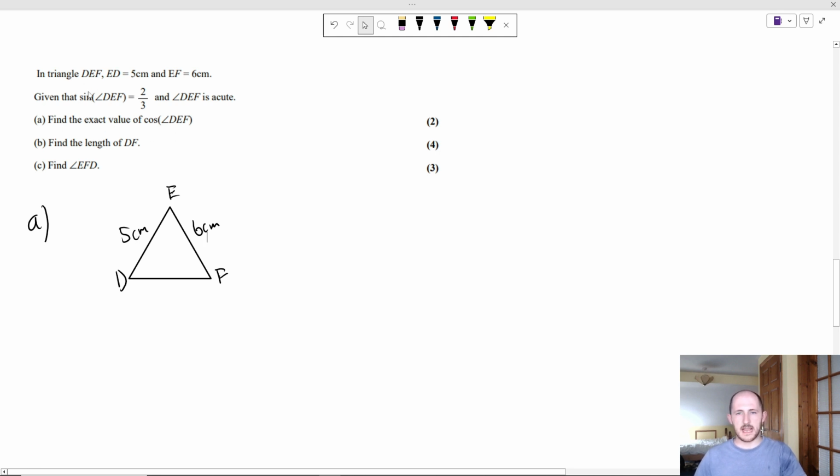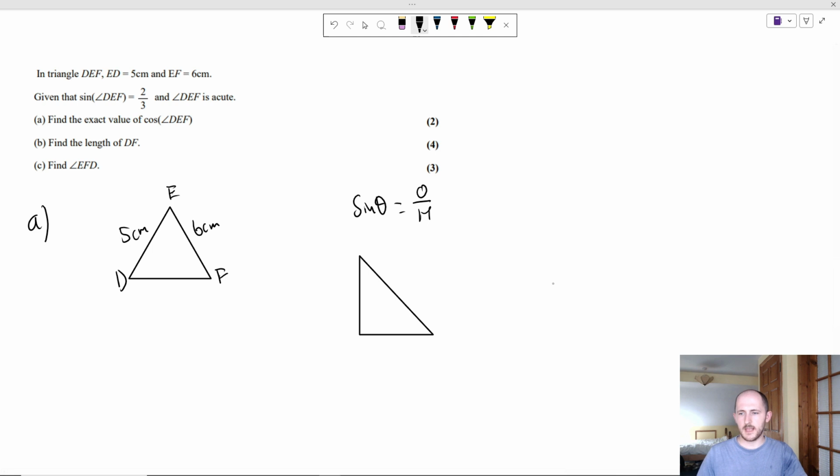So if we have sine of this is 2/3, remember that sine of an angle is equal to opposite over hypotenuse. So we can actually draw out a right angle triangle for this, where if we call this the angle theta down here, the opposite is 2, so we can put 2 here, and the hypotenuse is 3.